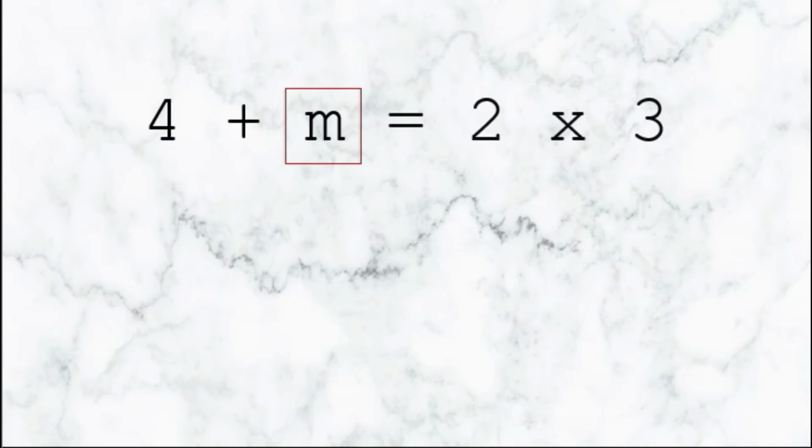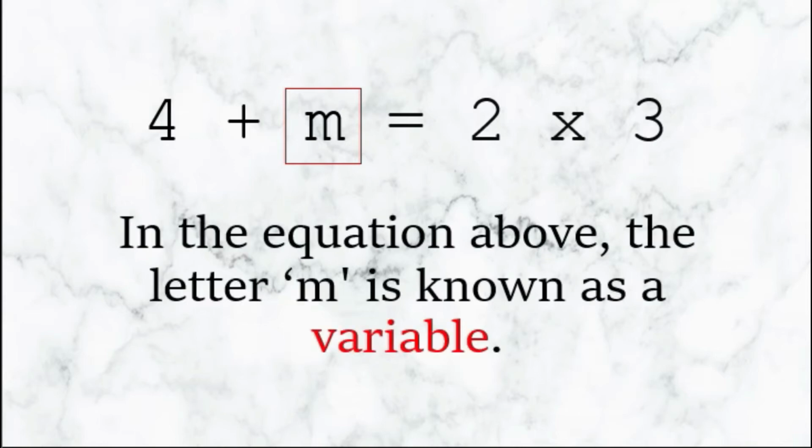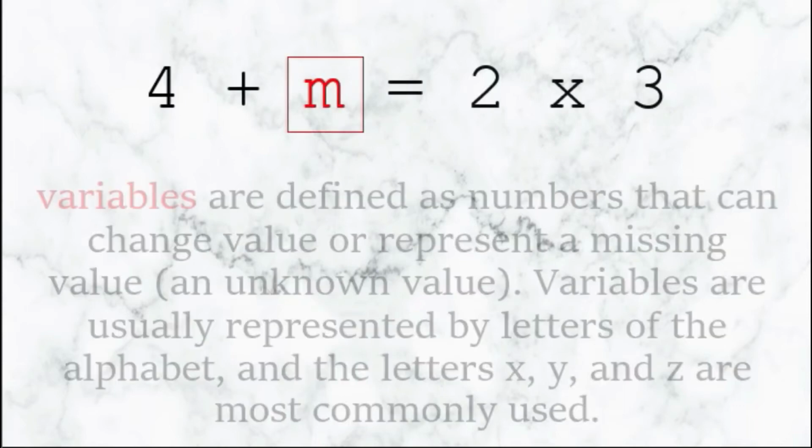Now we are ready for basic algebra. Let's substitute the box with the letter m. And we have this equation, 4 plus m is equal to 2 times 3. In the equation above, the letter m is known as a variable. Right. That letter m is a variable. So, what is a variable?